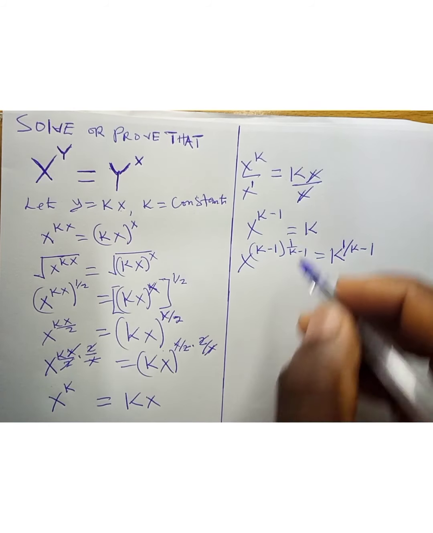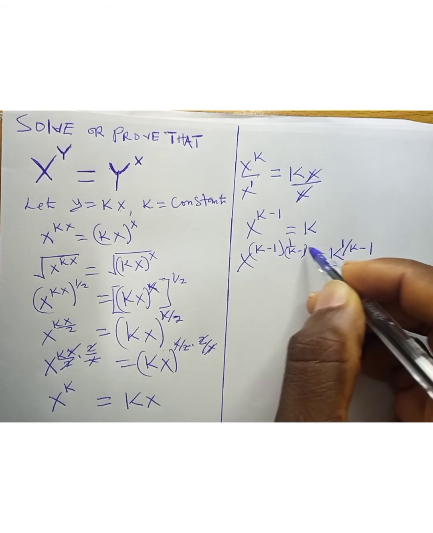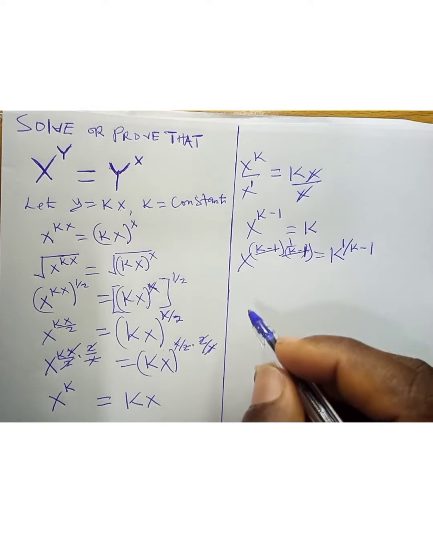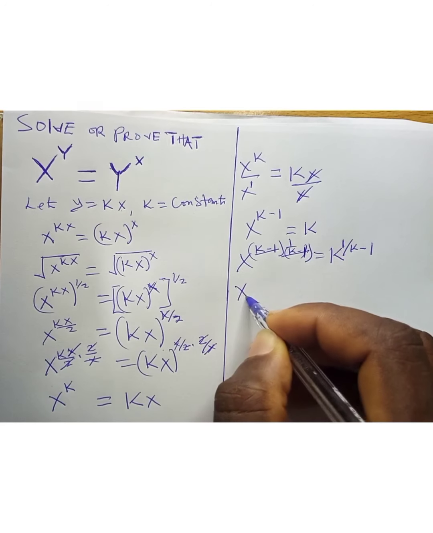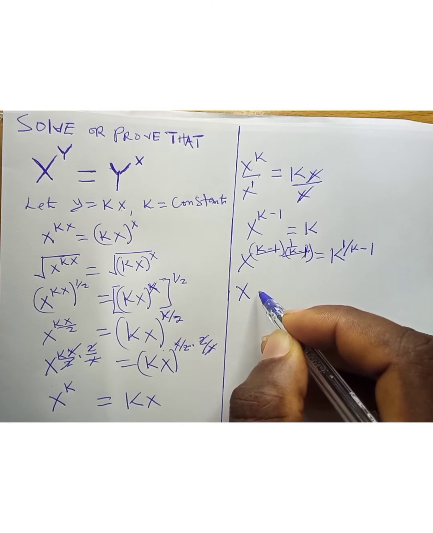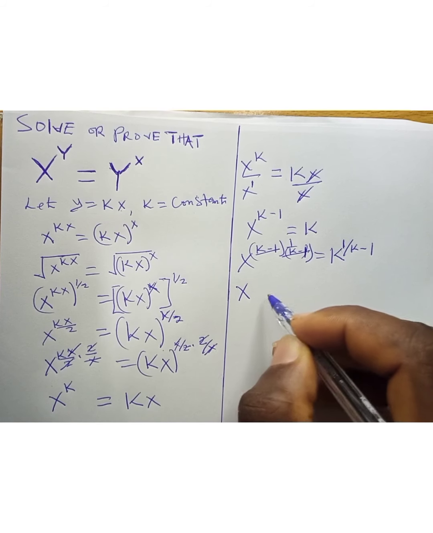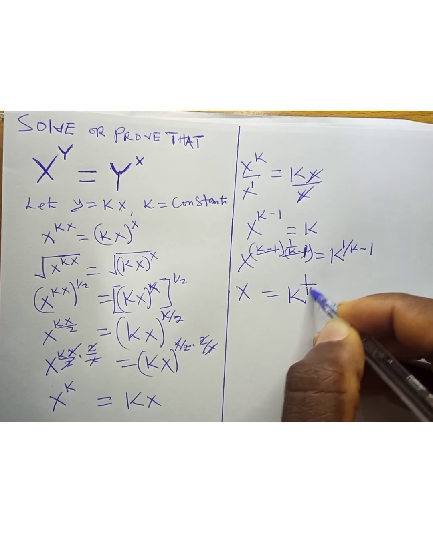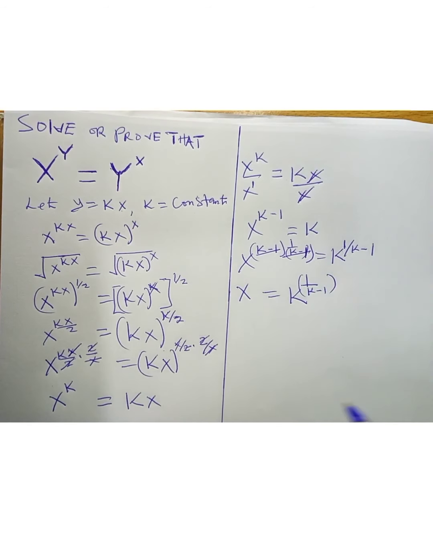This 1 over k minus 1 will cancel this, and what is remaining is x equals k raised to power 1 over k minus 1. That is what we have now.